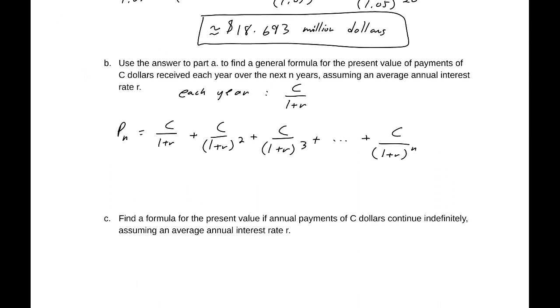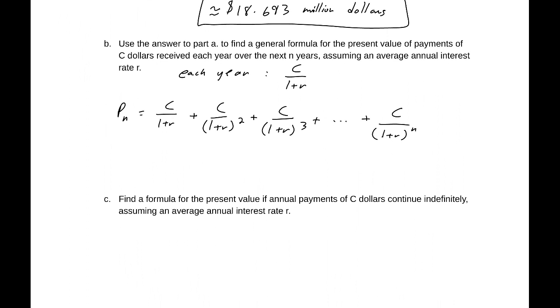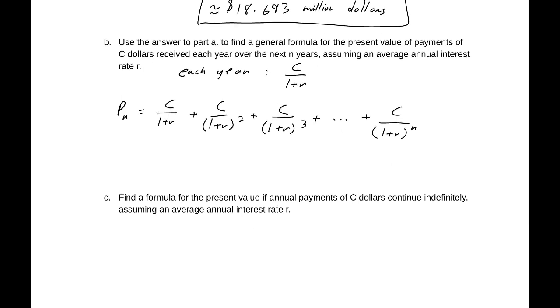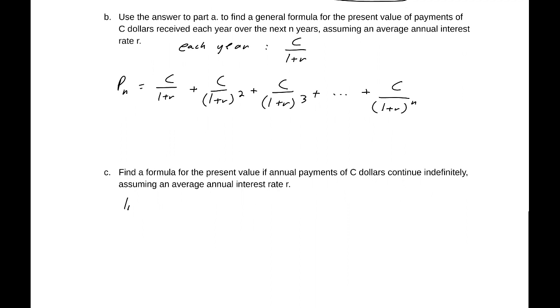Alright, so find a formula for the present value if annual payments of C dollars continue indefinitely. Well, that would be part B, but infinite. So that would mean the limit as n goes to infinity of Pn, that would be the sum from, let's go ahead and start that at 0 to infinity, of C over 1 plus R to the n plus 1.